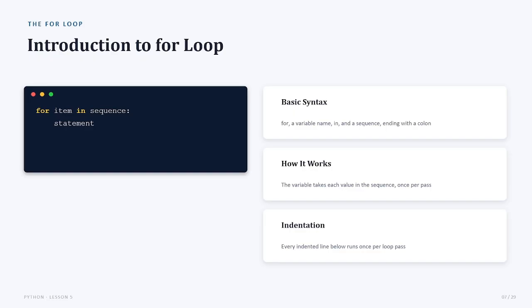Then we have a variable. Then we use the keyword in. After that comes the sequence or collection that we want to go through. And finally we have a colon. The code underneath, which is indented as you can see, is the code that will be repeated.